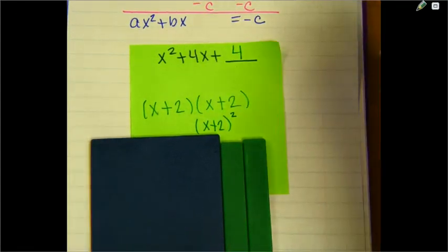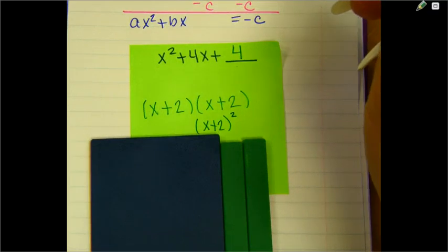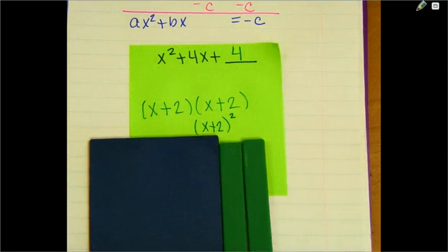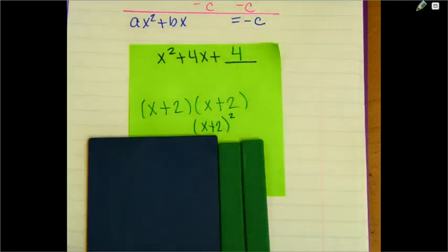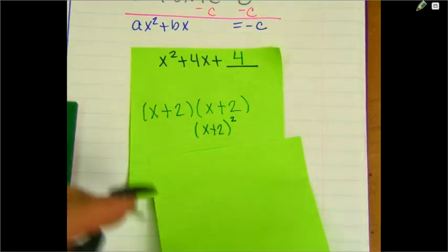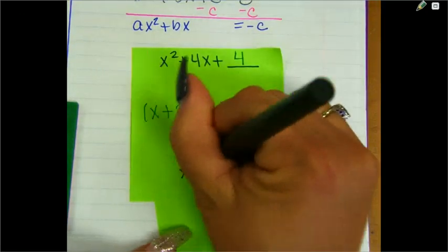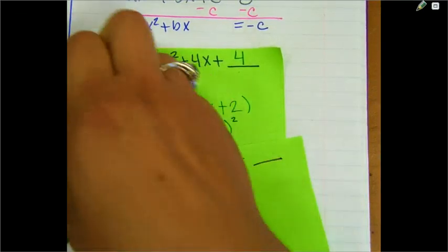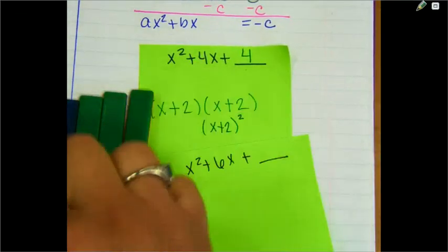So there was a little bit of a rule. So let's mix it up. We're going to switch it to see if we remember. Still in your margin. X squared plus 6x plus something.